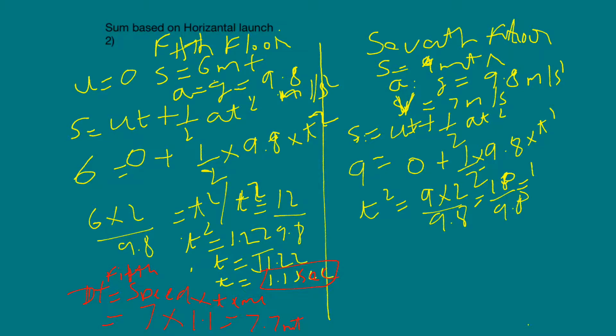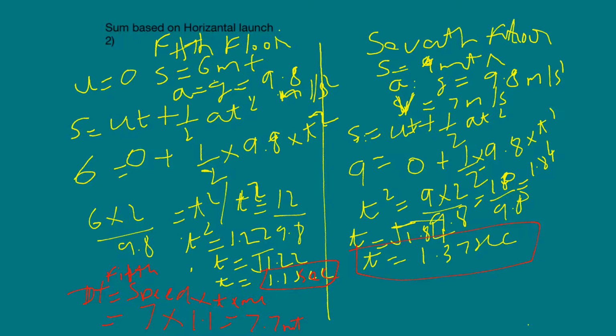So t square equals 1.84, and t equals under root of 1.84. Let me calculate here. It is coming 1.37 seconds. So we got time as 1.37 seconds for the ball that is being thrown from the 7th floor.